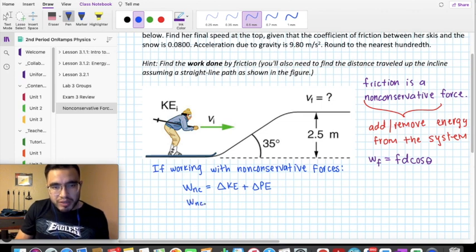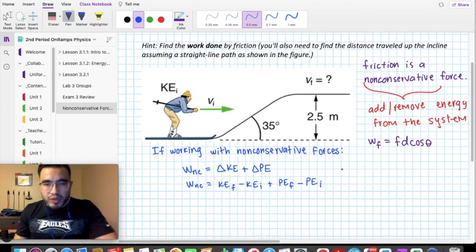Work done by non-conservative forces. So change in kinetic energy, that would be kinetic energy final minus kinetic energy initial plus potential energy final minus potential energy initial.